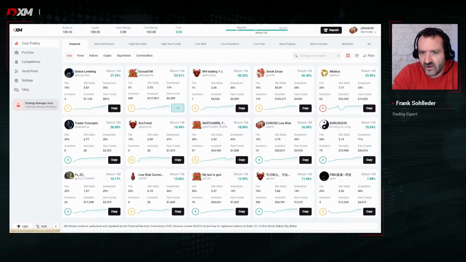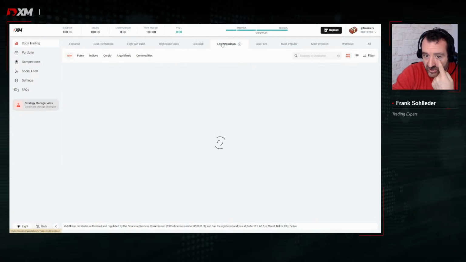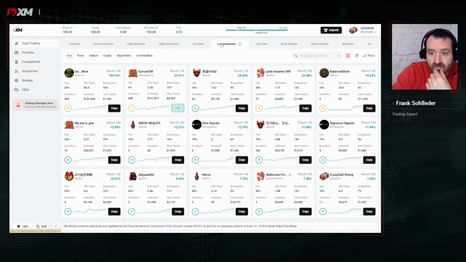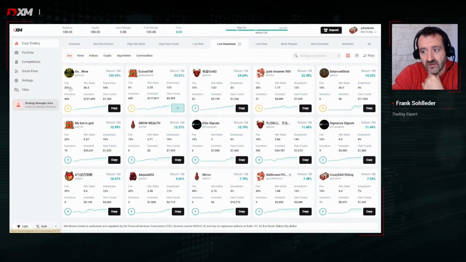We can maybe go with low drawdown strategies, and you're finding many of them here. 14% drawdown, a 20% fee. It's a no-go for me, right? This is the threshold where I don't want to participate anymore. Then we have here like a 10% fee, 14%, no investment so far.